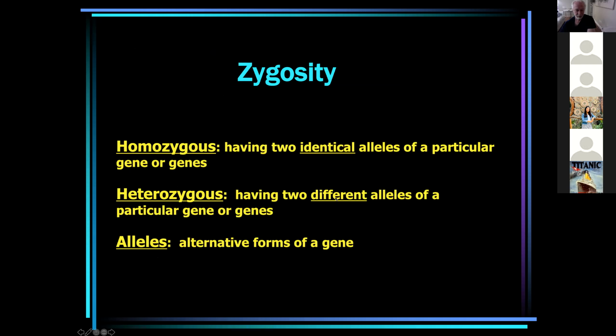It means two different alleles of a particular gene. And alleles are simply alternate forms of a gene. Does everybody understand these terms? Terminology is really important in genetics, and I have a table of terms at the end of this slide set for you to consider.